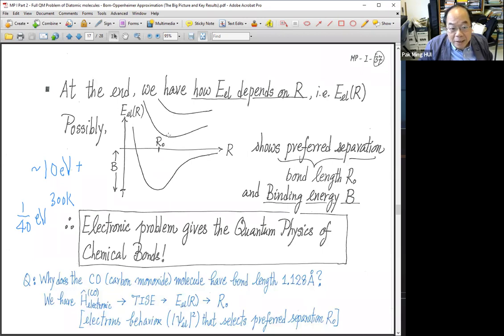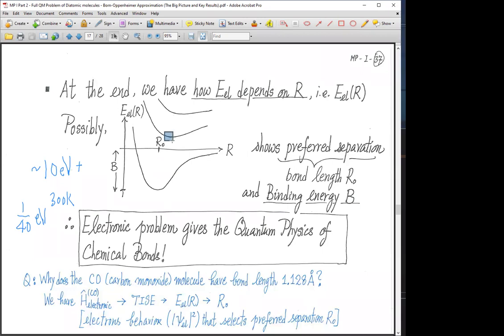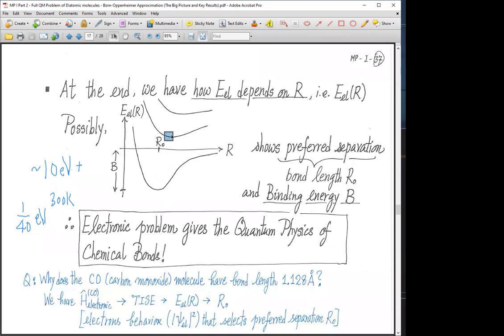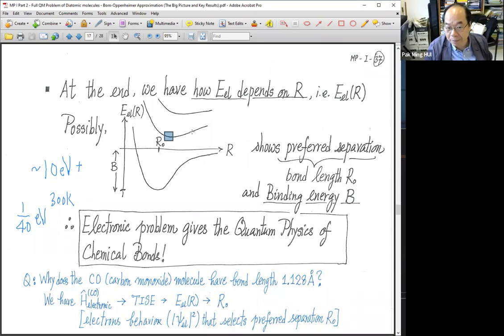I mean, as you have another preferred length, the molecule can become something bigger. If the distance is further apart, the energy should go down, right? But why is it going up? It depends. You have to calculate it. But for our discussion, we will mostly be focusing on the lower one, the binding one, the ground state.